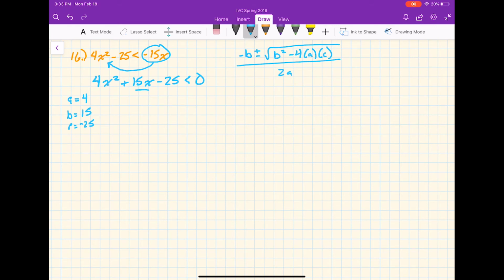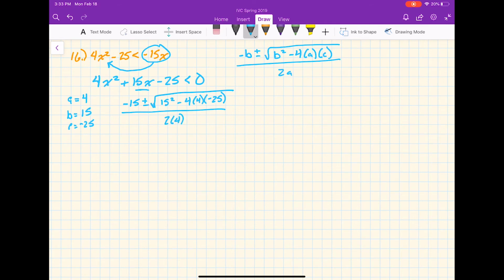I'm just going to take all those values and enter those into my equation. So minus b is minus 15, plus or minus square root of b, which was 15 squared, minus 4, times our a, which is 4, times c, which is negative 25, and that all over 2a, which is 2 times 4.